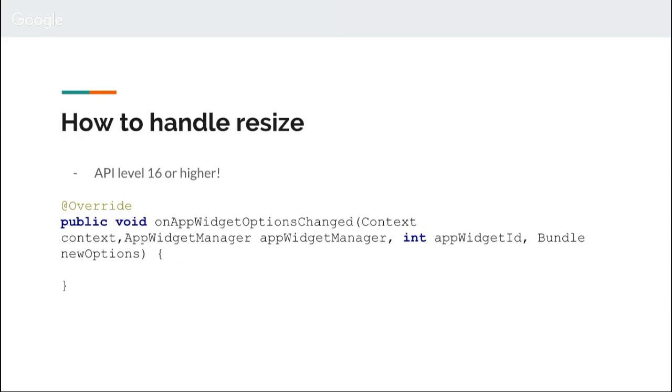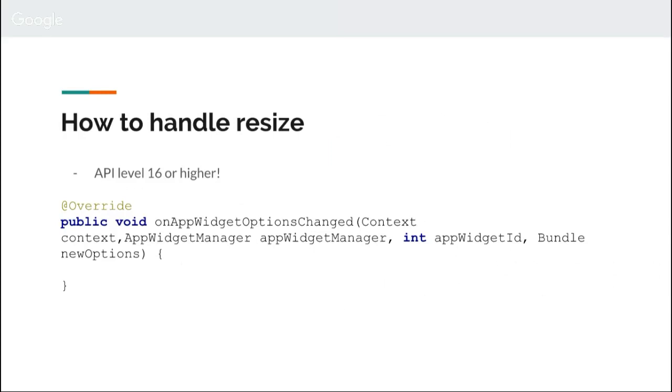And this was introduced in the API level 16, API 16. So if you're targeting something lower than that, be sure to make an annotation that you're using this API, right? And resizing is done on the on-app widget options change.